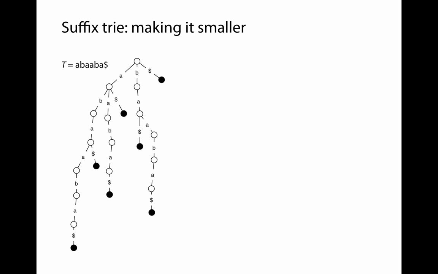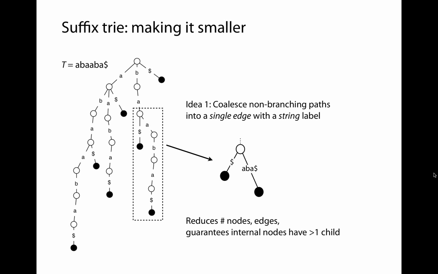The first that we'll examine has to do with compressing paths in the trie. Here's an example, this path here. We can coalesce this path so that we've reduced the number of nodes in the trie.